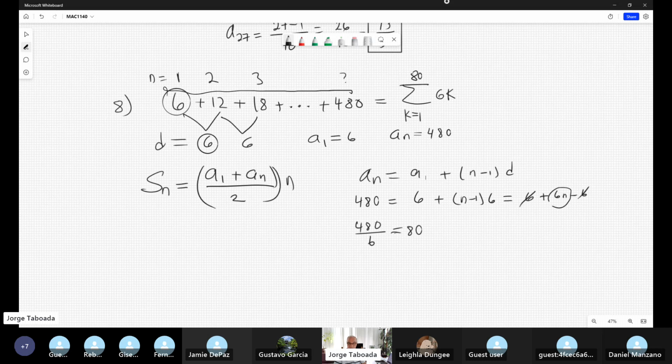I call it n here, but it's the integer. But it's better to use this formula. So your substitution is 6 plus 480, divided by 2, and multiplying everything by 80. With a calculator, 19,440.